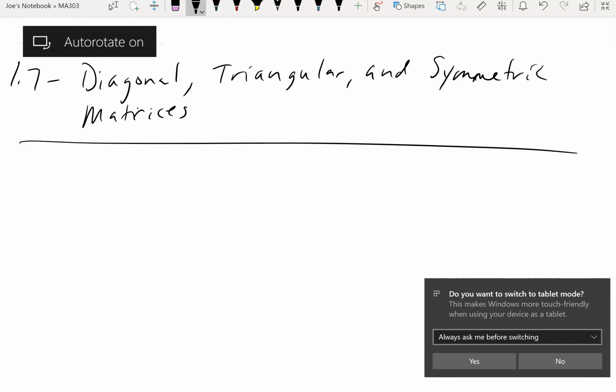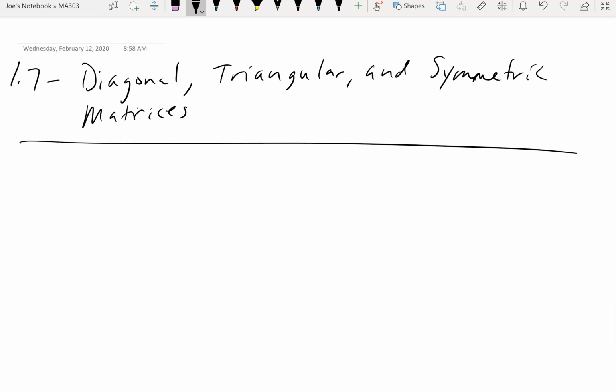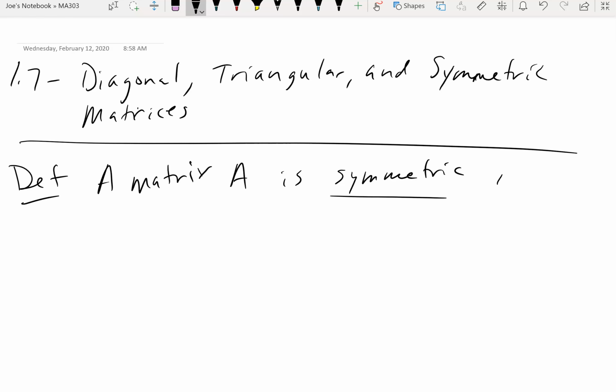So let's just write these down real quick for definitions. So just for the symmetric, a matrix A is symmetric if it's its own transpose. So notice that that requires it to be square, right?